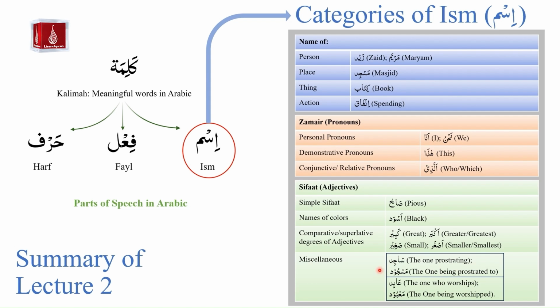For example, sajid is the one who's prostrating, or the one who is doing sajda. Masjud is the one being prostrated to, or the one towards whom sajda is done. Abid is the one who worships, and ma'bud is the one who is being worshipped. So these are all examples of ism that we studied in today's lecture.